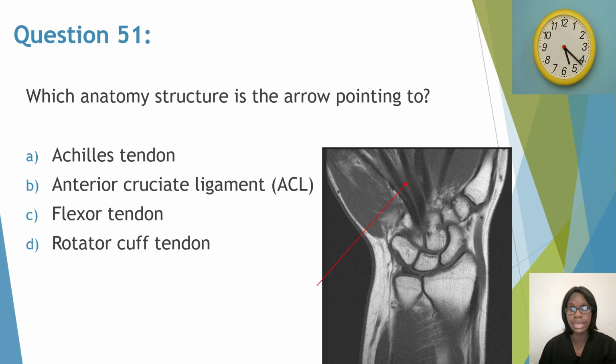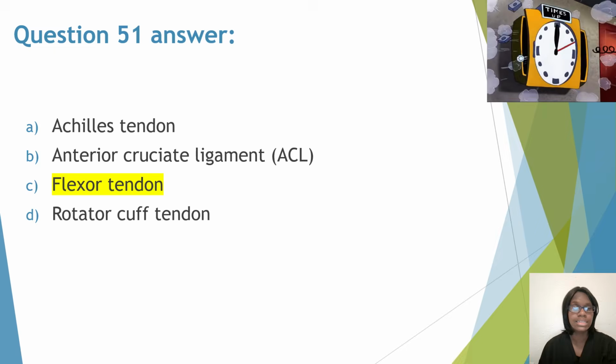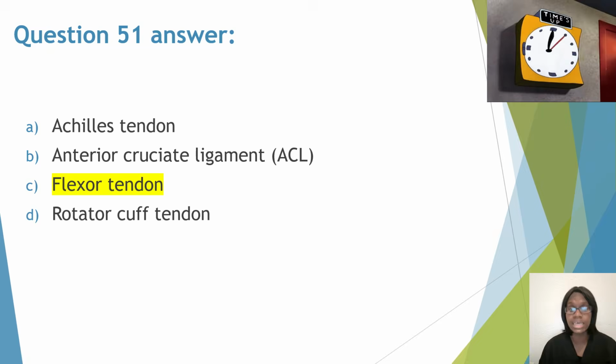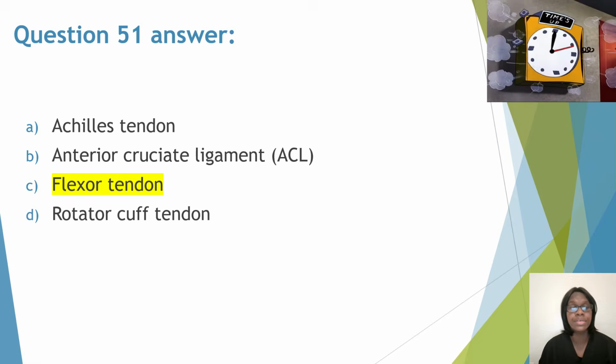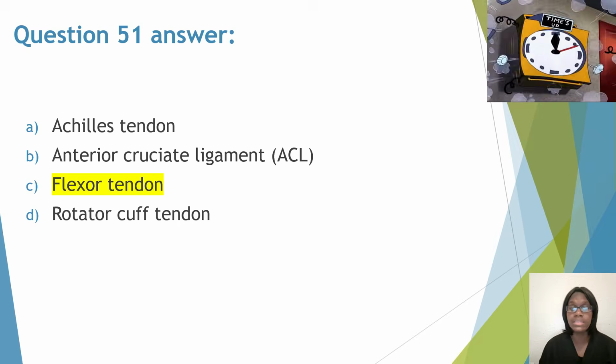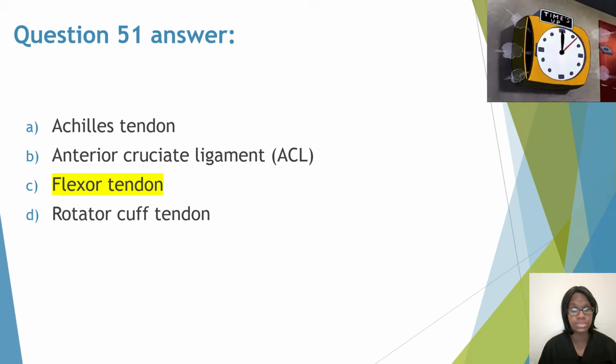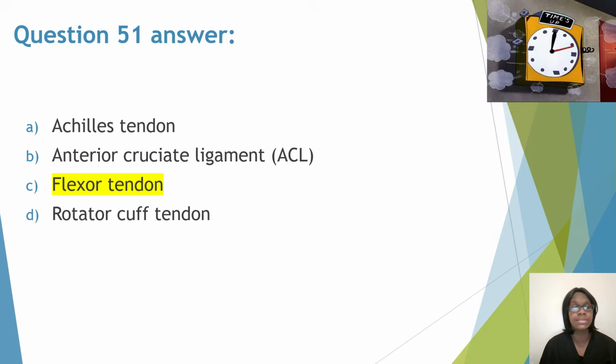All right, the correct answer is C, flexor tendon. Keep in mind that the Achilles tendon is down there by your ankle and leg area, your ACL is in your knee, and your rotator cuff is in your shoulder. So just keep those in mind.